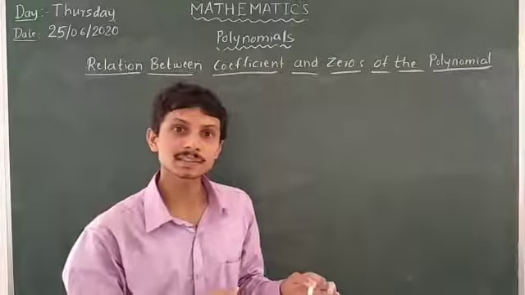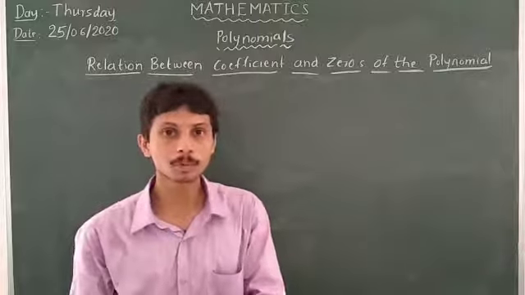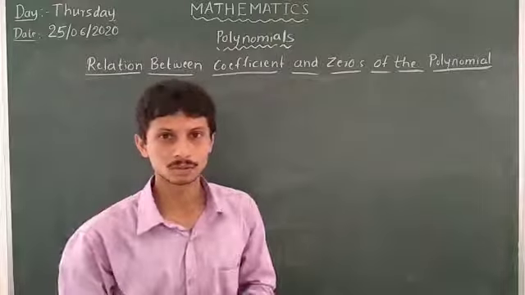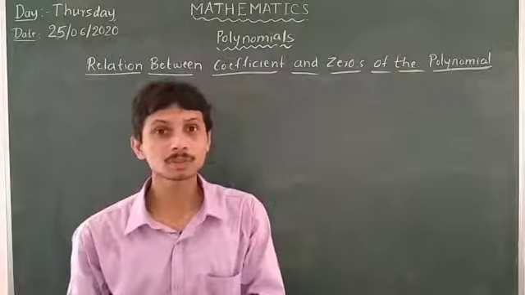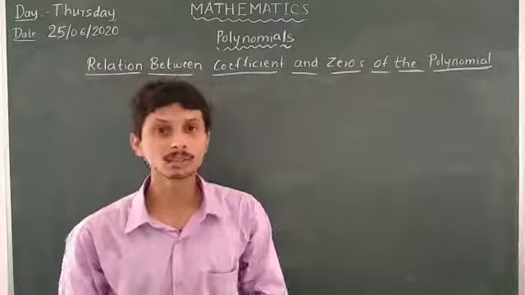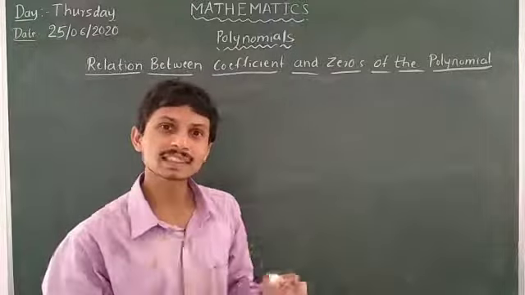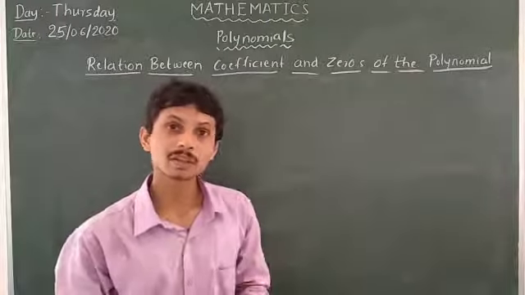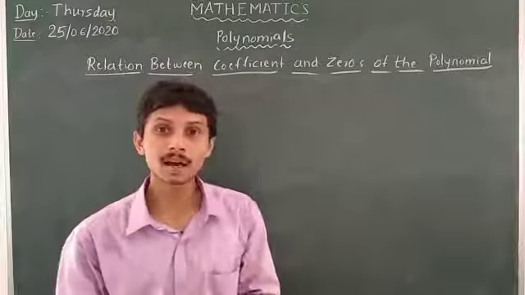We already discussed linear, quadratic and cubic polynomials. In a linear polynomial there is a chance of only one zero. In a quadratic polynomial there are two zeros, where we take alpha and beta as the zeros. In a cubic polynomial there are 3 zeros, so we take alpha, beta and gamma.